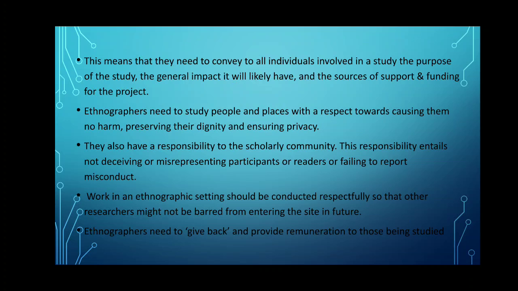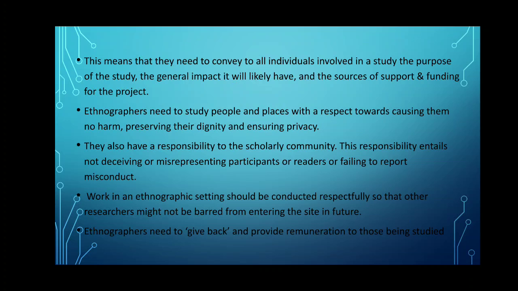Ethnographers need to study people and places with respect, causing them no harm. It is the duty of the ethnographer that you are causing no harm to the people whom you are studying, and you have to preserve their dignity and ensure their privacy also. This is a very important part of ethics in ethnographic research.